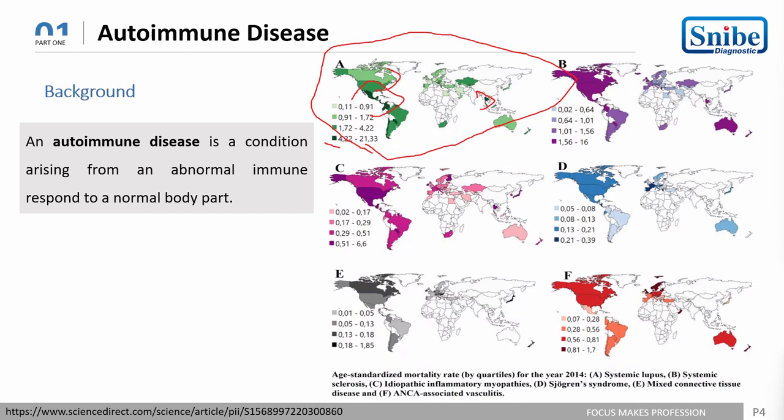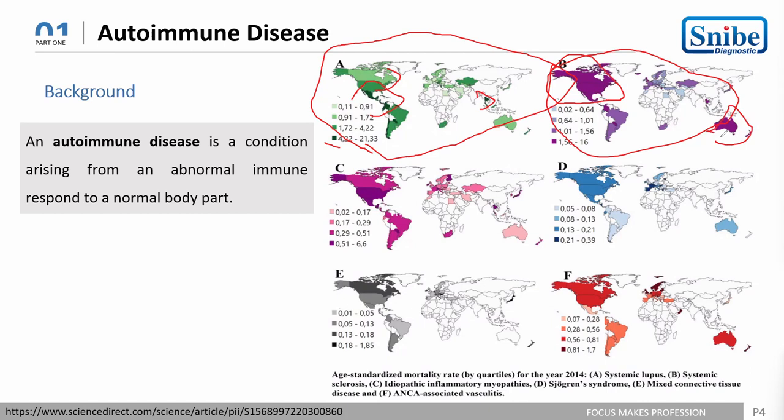If we talk about the B portion, this area, you can see that it shows the epidemiological distribution of the systemic sclerosis autoimmune disease. You can see that North America, the USA and the UK are the most impacted countries by systemic sclerosis, and even the Australian region is more impacted.